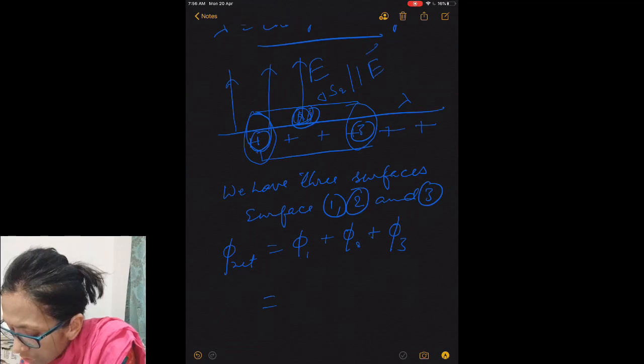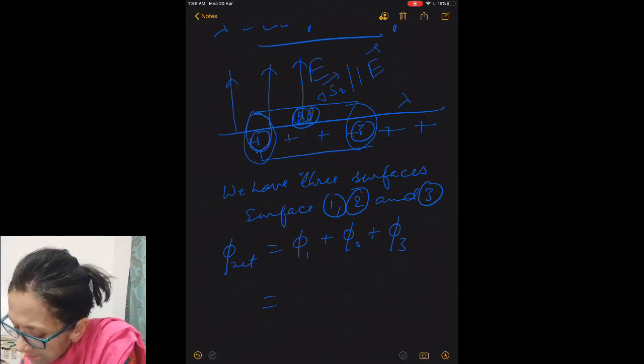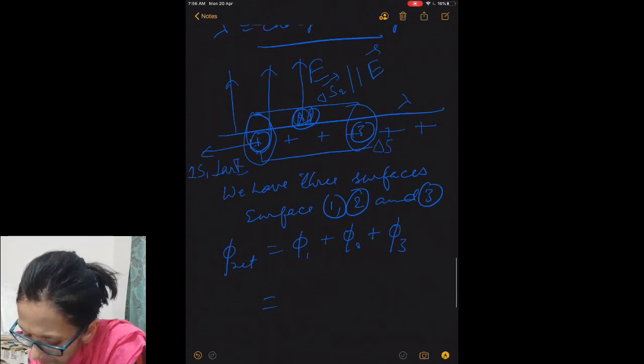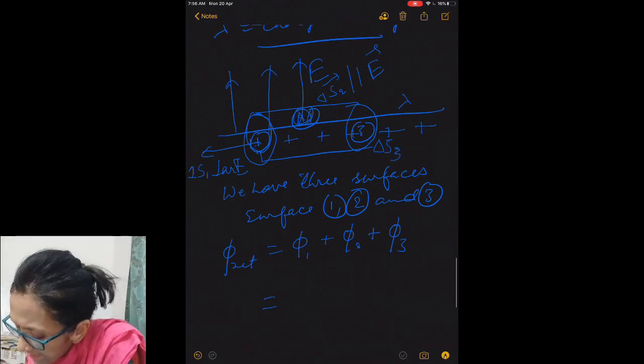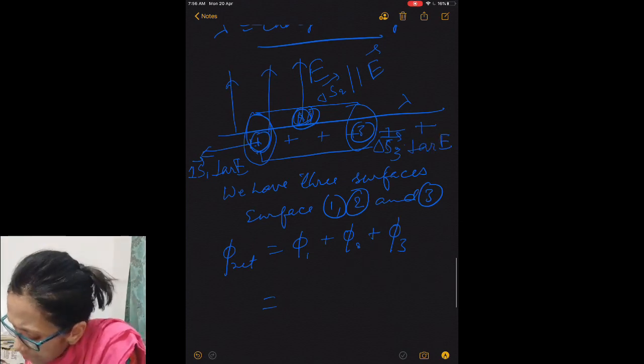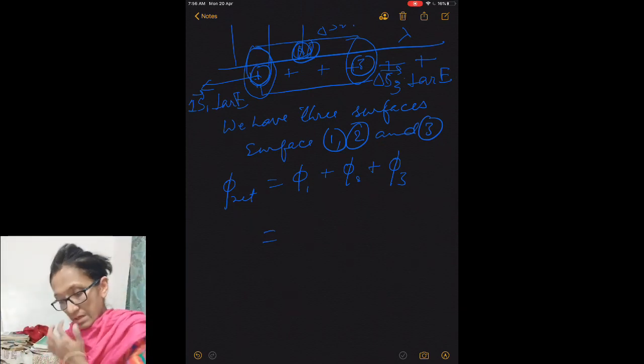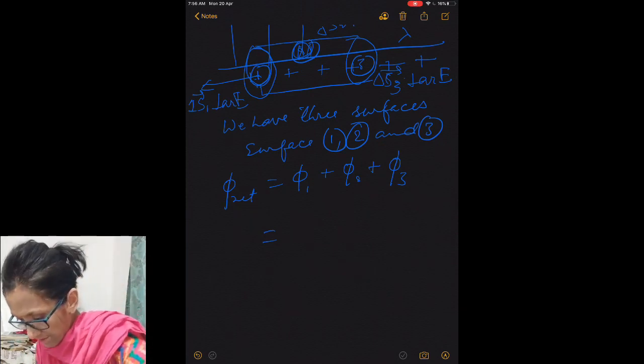Del S2 is parallel to E, but if you take a surface vector at 1, del S1 is perpendicular to E. Del S3 is also perpendicular to E.